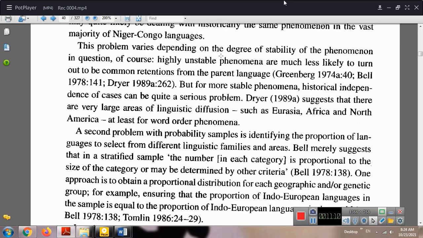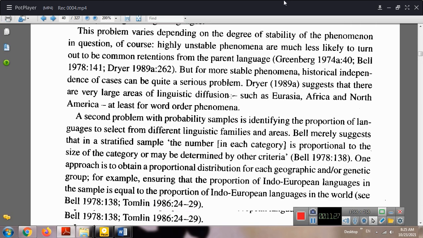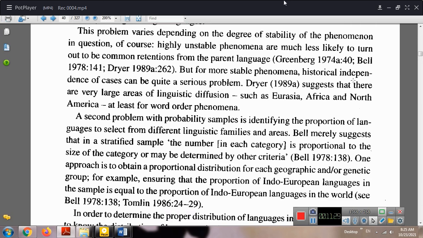This problem varies depending on the degree of stability of the phenomenon in question. Of course, highly unstable phenomena are much less likely to turn out to be a common retention from the parent language. But for more stable phenomena, historical independence of cases can be quite a serious problem. Dryer in 1989 suggests that there are very large areas of linguistic diffusion.